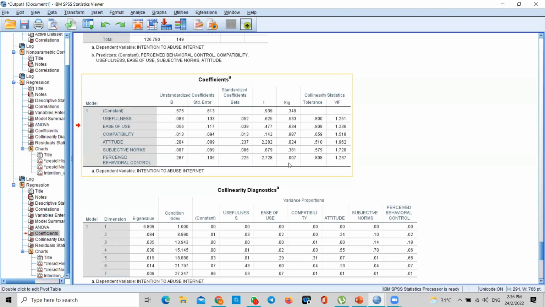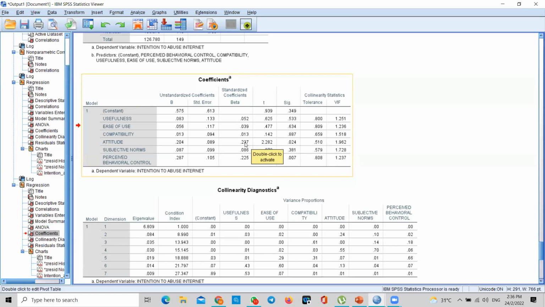All right, so now we come back to beta. It is positive, so it's a positive relationship. First we see whether it's significant or not, and then we see whether it's positive or not. We have done that. The third thing we have to look at is the beta value. Which one has the highest beta value? The attitude, right?